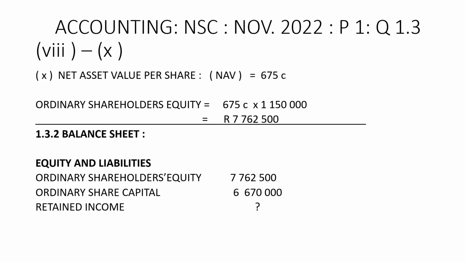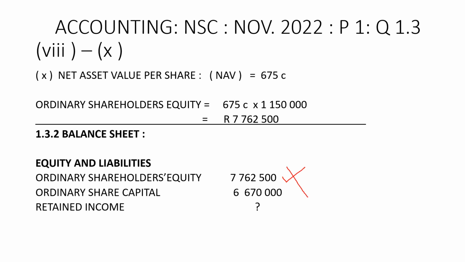Now, if you look at the number of shares that are given to us, which is 1,150,000 at the end of the year, and they gave us the net asset value per share. Learners, why have they given us this information? Because in the next part of the question, 1.3.2, we were required to calculate the ordinary shareholders' equity.